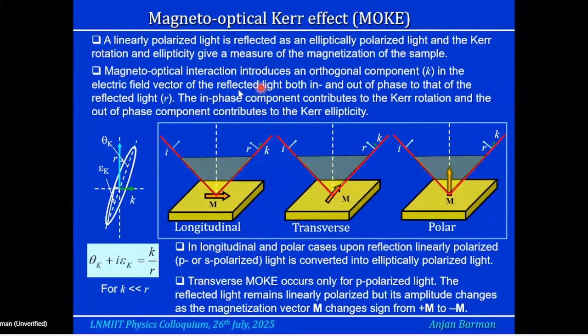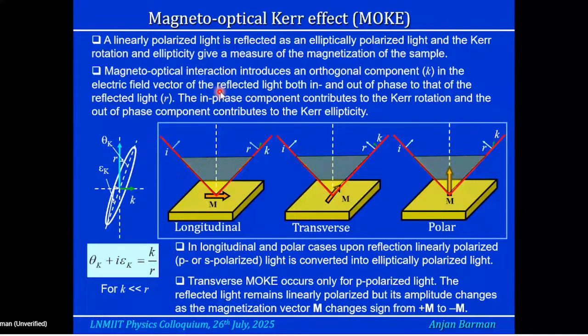So what happens is that you have a reflection coefficient for the light, and for a normal reflection from a normal metal, you only have the reflection coefficient. But from a magnetic material, there will be another component, which is an orthogonal component in the electric field vector.